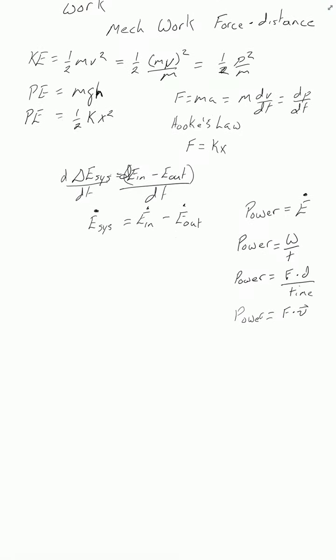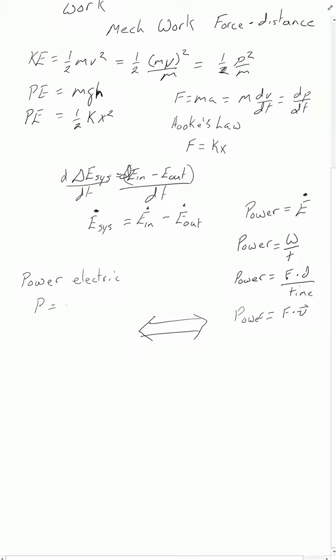So stepping back, if we move to our connections with power in the electrical domain, one of the terms we use quite often for power in the electrical domain is P equals I, the current, times voltage.